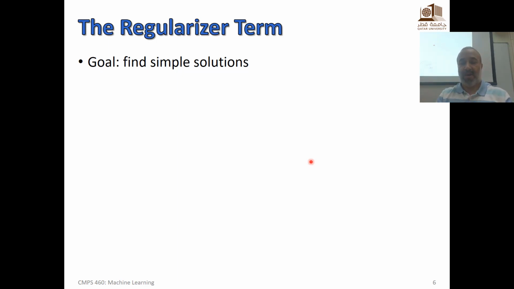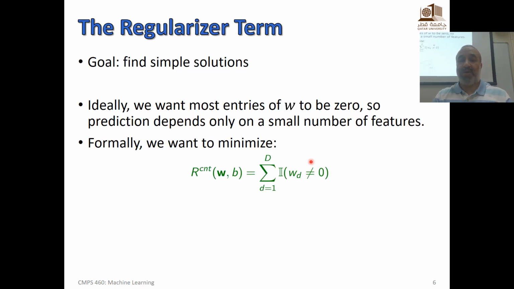With this idea in mind, we might think that ideally, we want most of the weights to be 0. Why is that? Because if most of the weights are zeros, that means that the corresponding features of these weights are completely ignored.